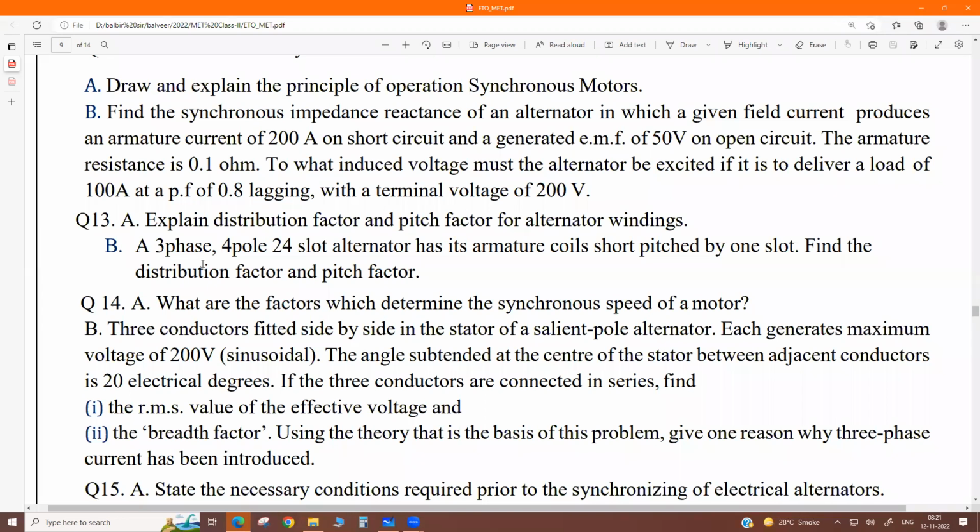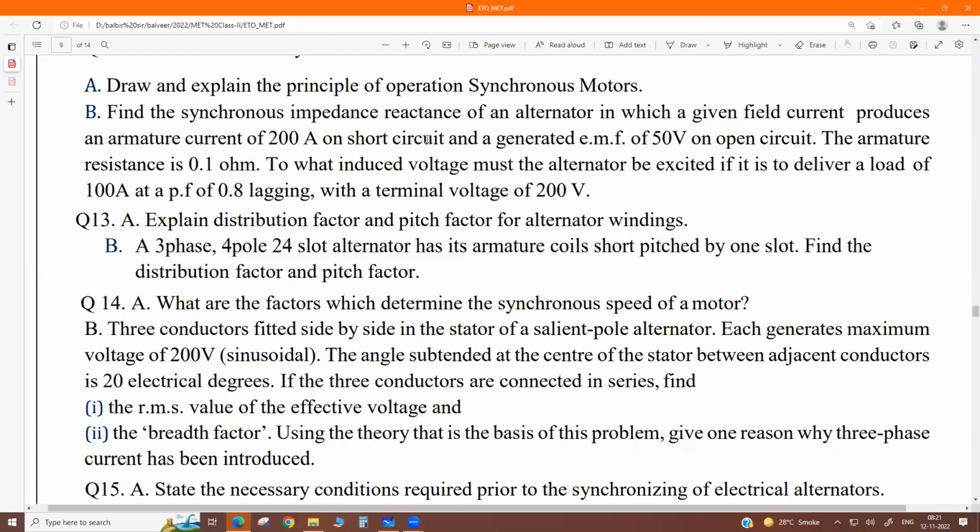This question is based on the OCC and SCC test. He is asking for the value of synchronous impedance. It is a very important question when we discuss OCC and SCC and voltage regulation.